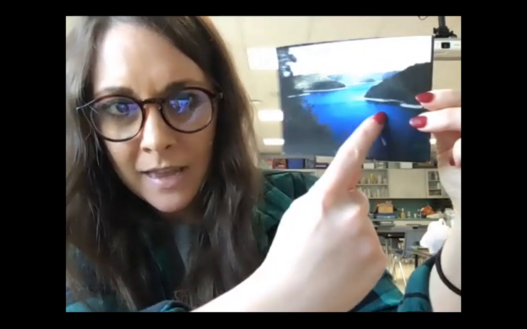All right, let's try a couple more. Here we have, it looks like a large body of water, right? So I'm thinking it's not a pond or a stream because I know those are smaller. It's large, and I noticed that it's kind of making this curving S shape, which means that water is moving and flowing.